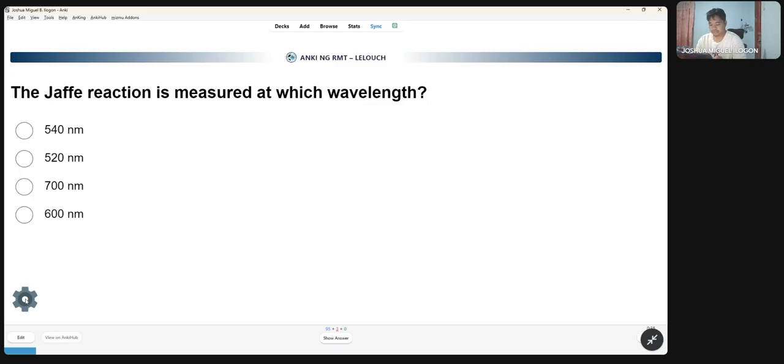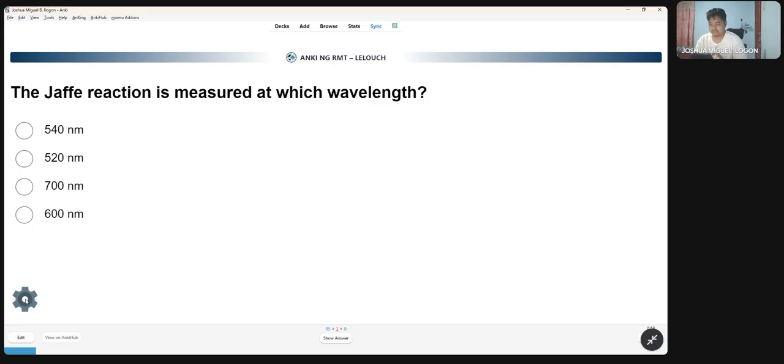So Berthelot, you have your ammonia, phenol, hypochlorite. Intensity of the color is equal to the amount of urea, measured by spectrophotometer. Urease coupled enzymatic: urease and glutamate dehydrogenase, and decrease in NADH at 340 nanometers.